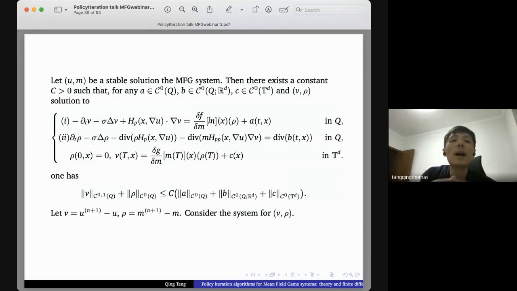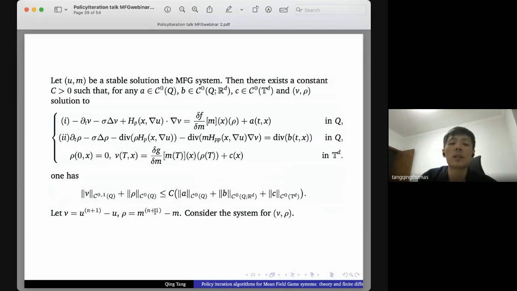The way I will be using this is to write the equation for V, which is U^{n+1} minus U, where U is a stable solution, and rho, which is M^{n+1} minus M. I will be working with the system of equations for V and rho.